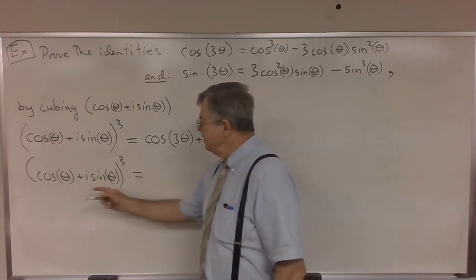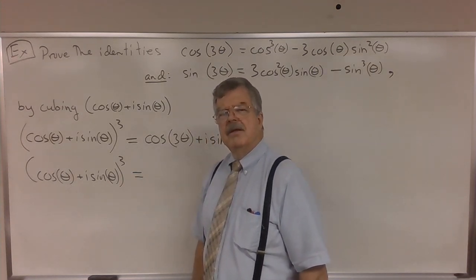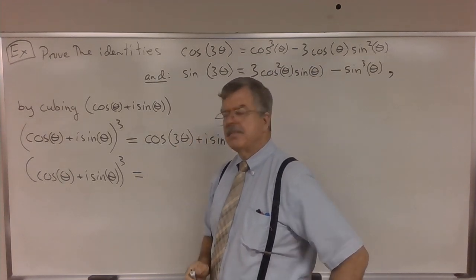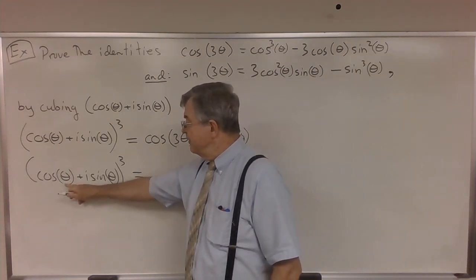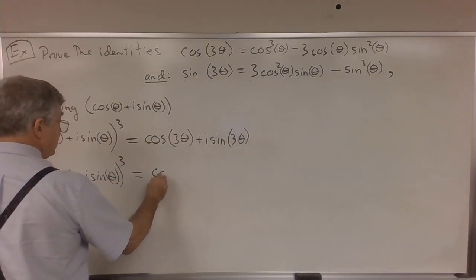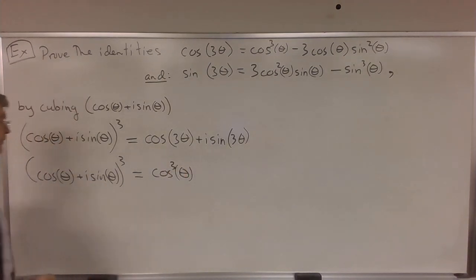We're cubing the sum of two things. That's going to give us 4 terms. We're going to get the first thing cubed, so that's cosine cubed theta.